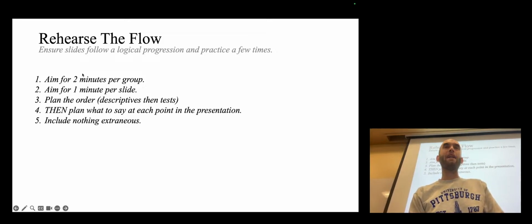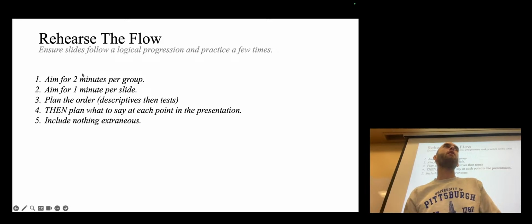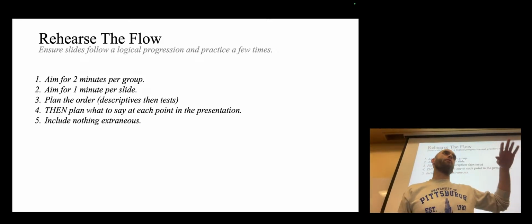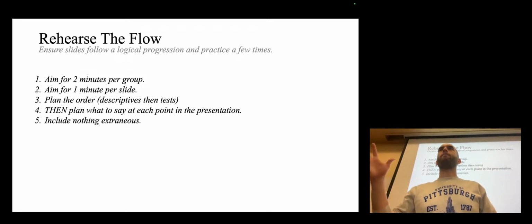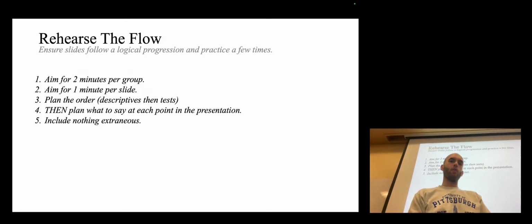You want about 2 minutes per group. So we have 2 hours, and we have 40 people. So to make that happen, we have to keep it under 3 minutes per person, roughly. We can have a little bit of wiggle room there, but keep it about 2 minutes per group. And then I'll have a timer, so you know when to stop.